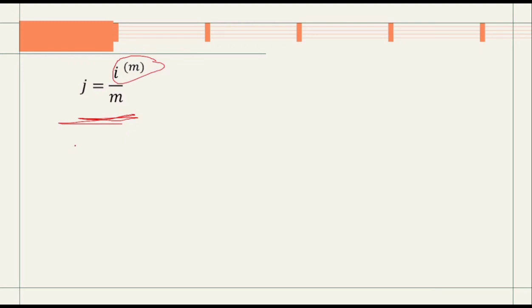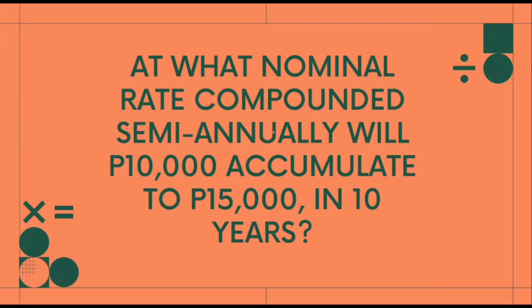So j, which is equal to 0.0205, is equal to I raised to m over m, which is equivalent to 2 because it says here that it is compounded semi-annually.